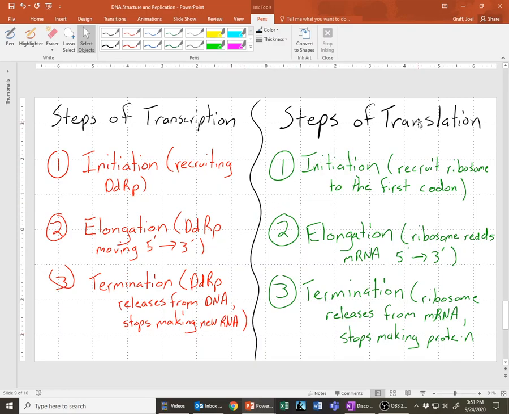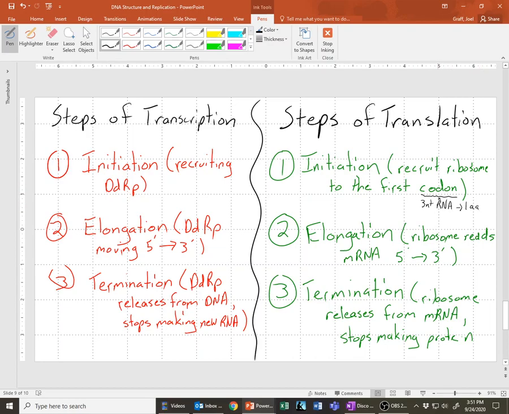Translation, that's reading RNA and making protein. Initiation is the recruitment of a ribosome to the first codon of your protein, and we haven't talked about codons yet, so that might be putting the cart before the horse, but for codons, every 3 nucleotides of RNA encode for 1 amino acid.